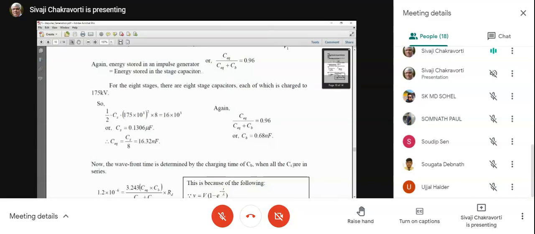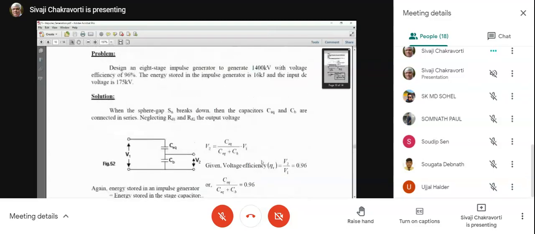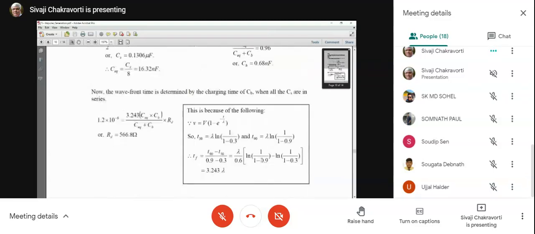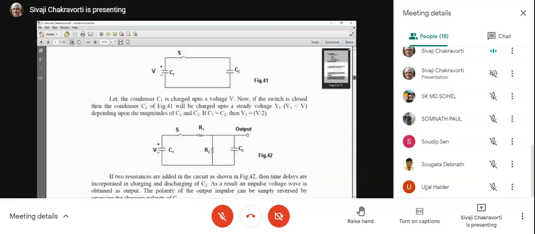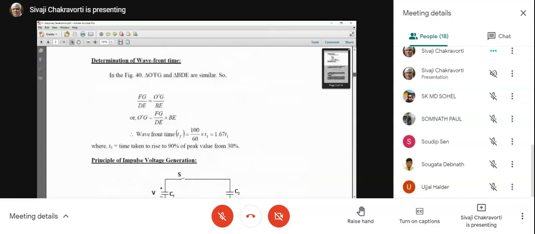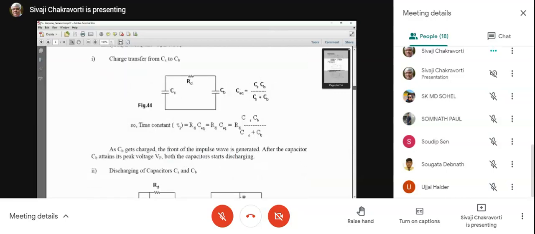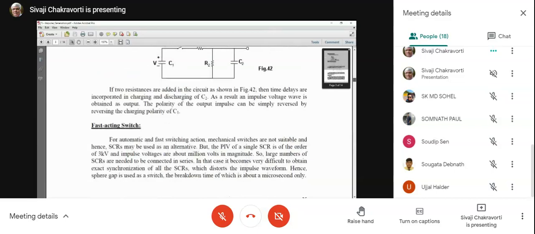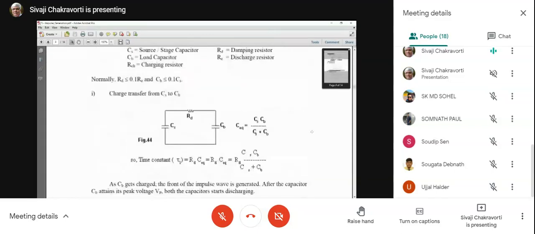But we also have to get the required wave front time and wave tail time. So wave front time is typically, I have already shown, earlier I have shown you here.